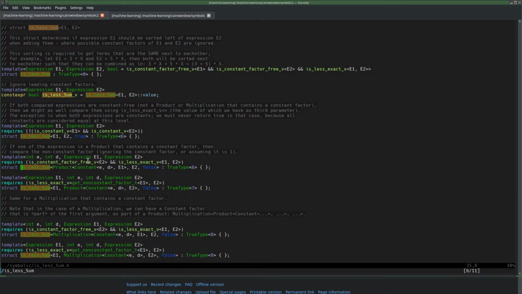So if E2 is constant 3, so we can just use E2 as is. And the first argument is a product of a constant with an automatically constant 3 expression. And that expression is less than E2, then of course the whole thing is true. And this is a false because this is not constant 3, so that would fail.